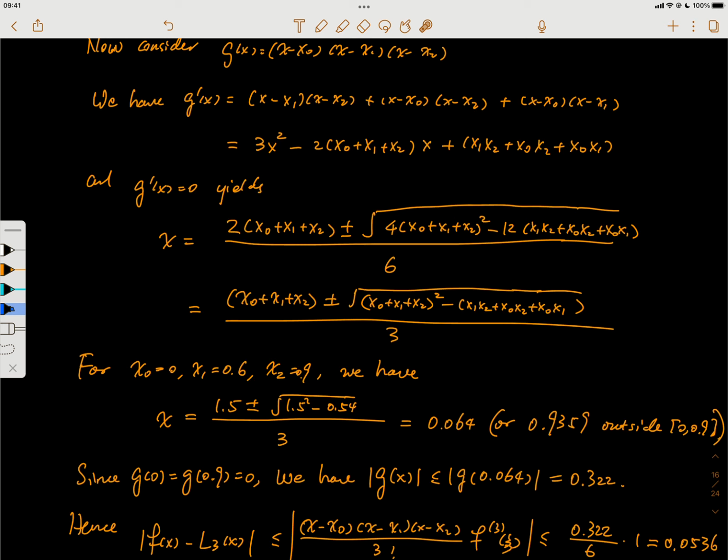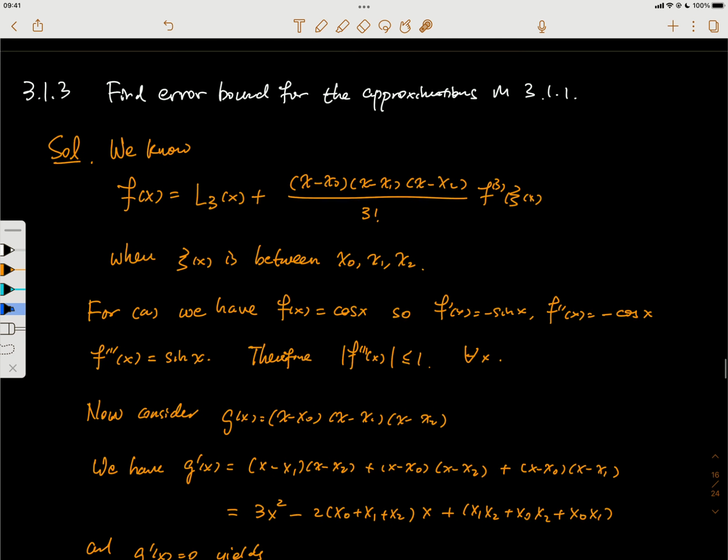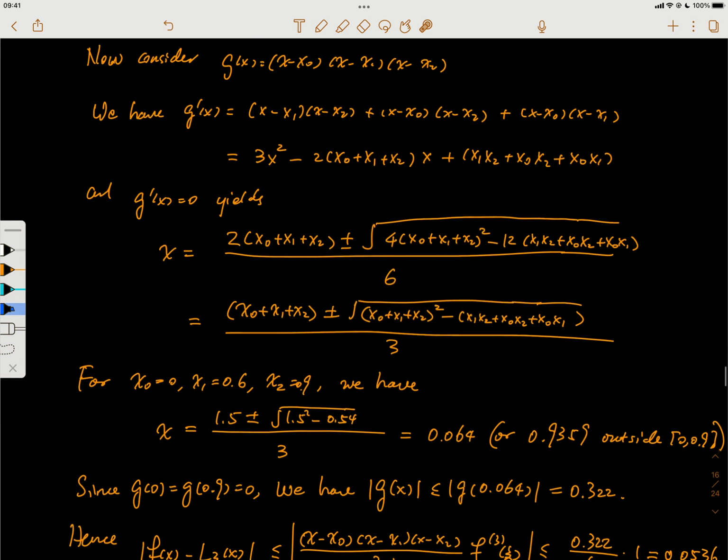Evaluating g there, the absolute value of g at that point is 0.322. So that's the maximum value of g over the interval 0 to 0.9, so this is bounded by 0.322.